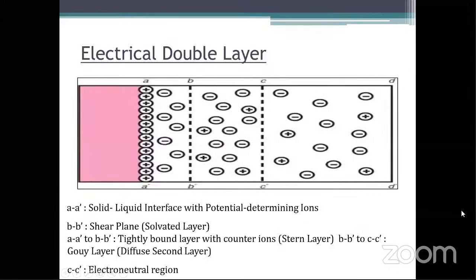So this is the schematic diagram of the electrical double layer. Here we can see one interface. In this picture, can you point out where the interface is?